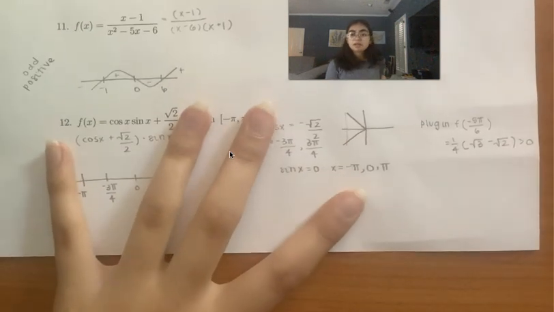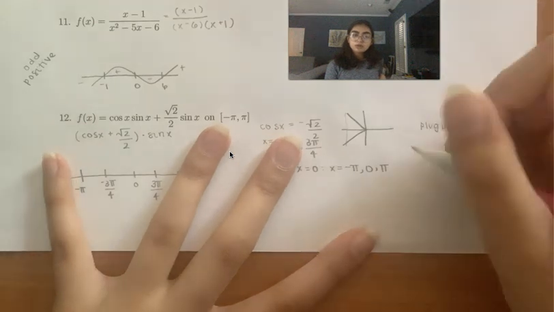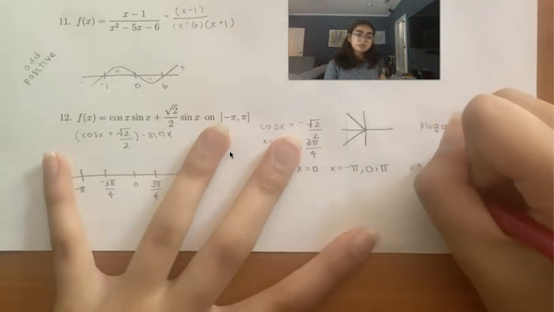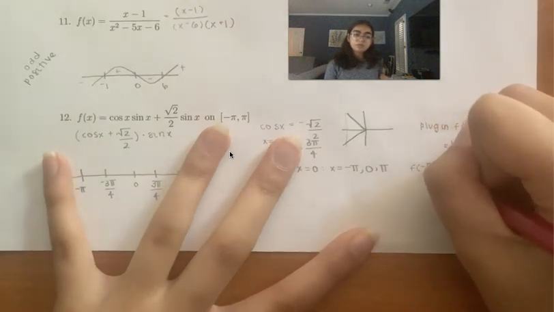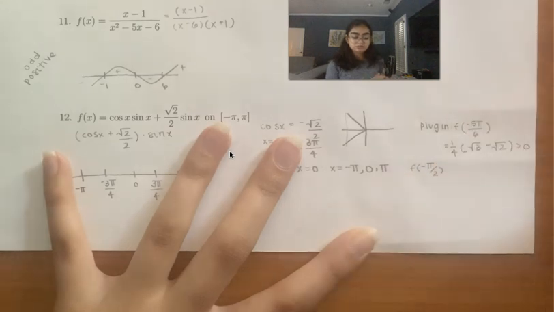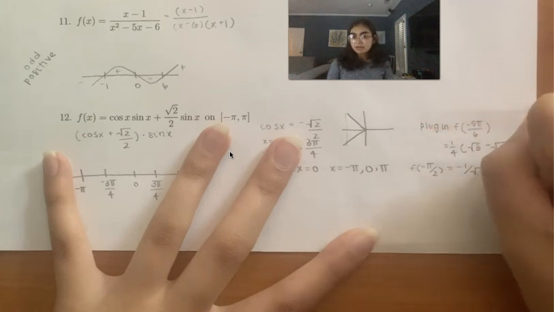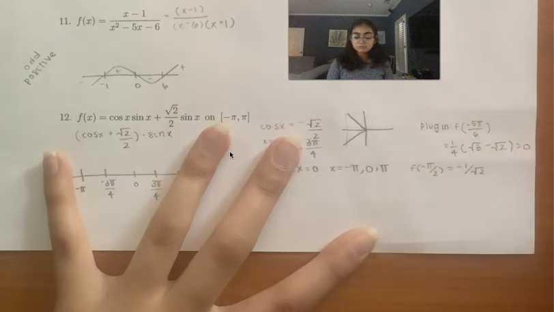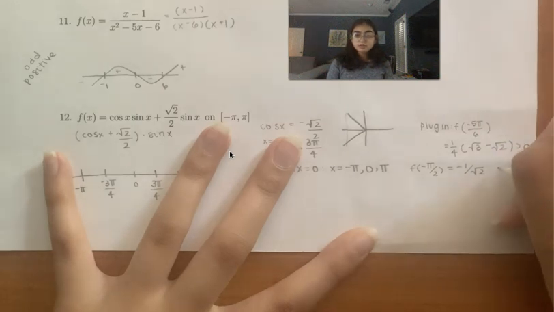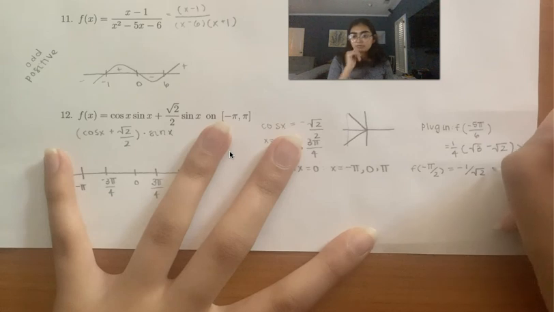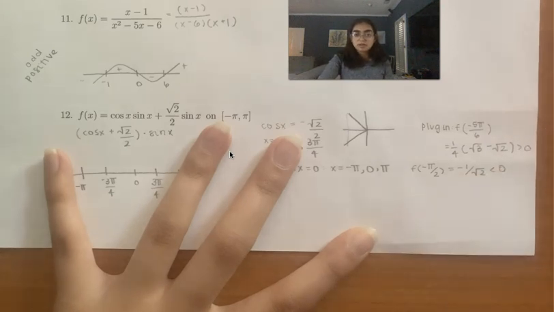Next, I'm going to plug in negative pi over 2 to determine whether the interval between negative 3 pi over 4 and 0 is positive or negative. If I plug in that, I'm going to get negative 1 over square root of 2, and that's less than 0. That's negative. So that interval will be negative.